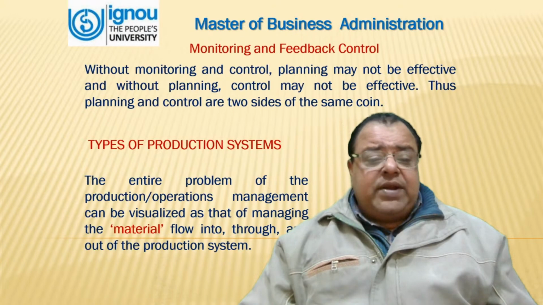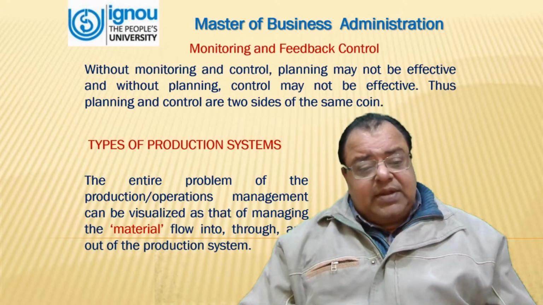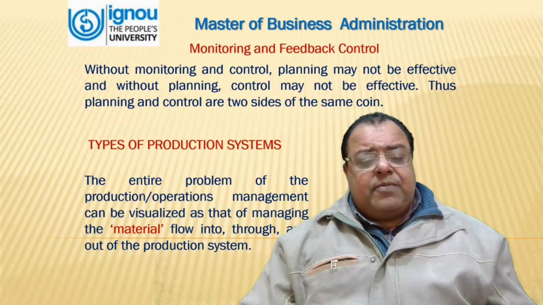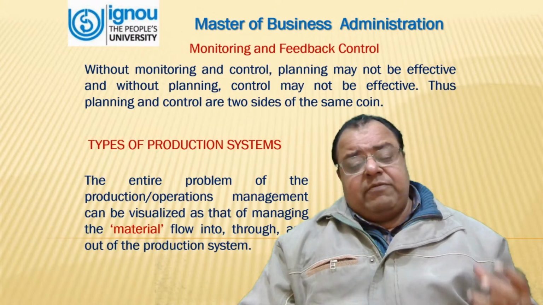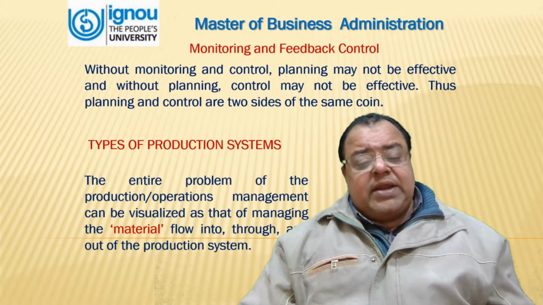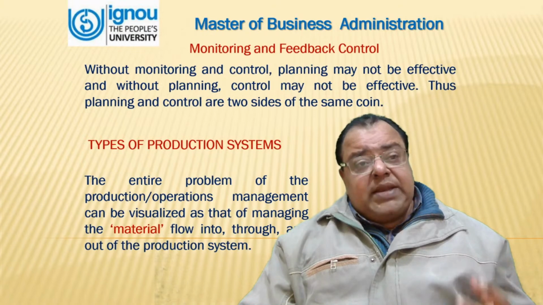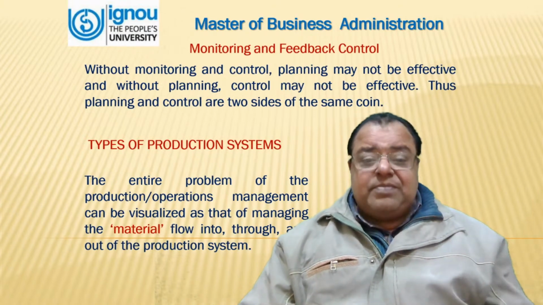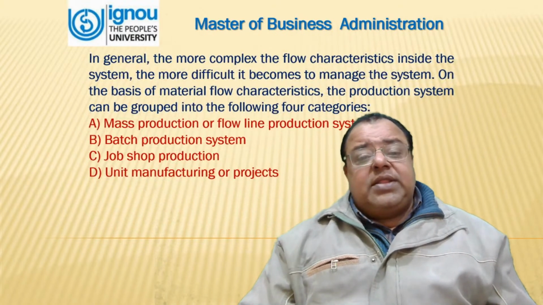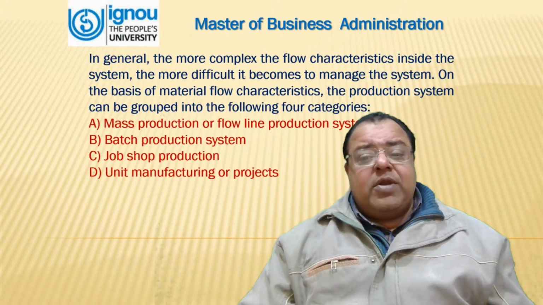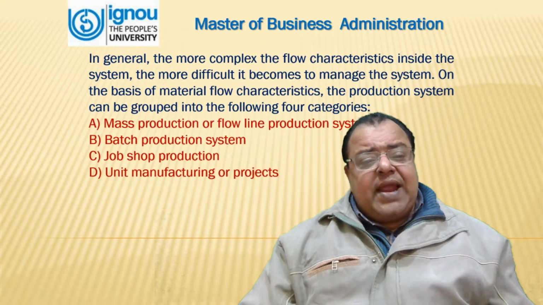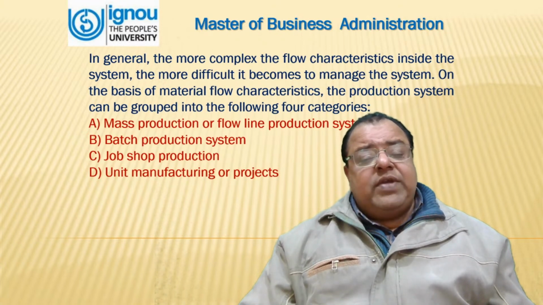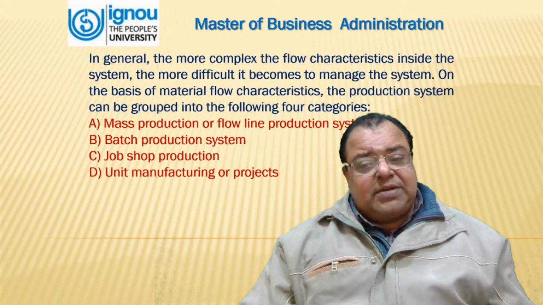What are the different types of production systems? The entire problem of production or operations management can be visualized as that of managing the material flow in, through, and out of the production system. In general, the more complex the characteristics inside the system, the more difficult it becomes to manage the system.